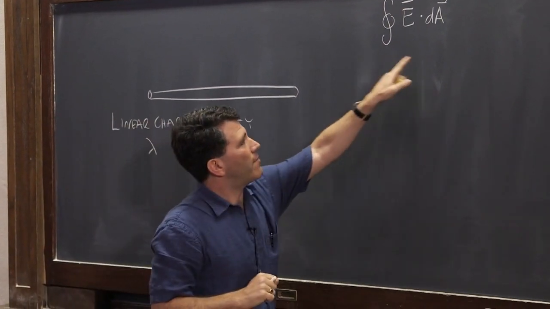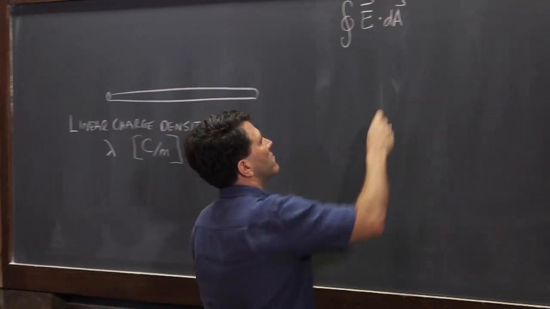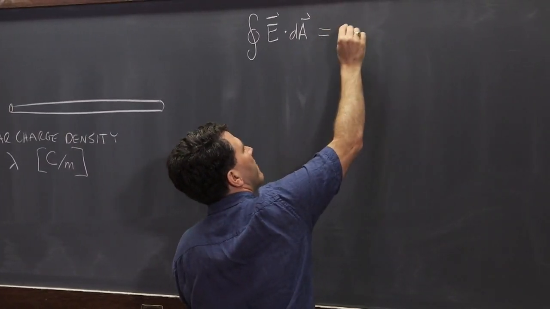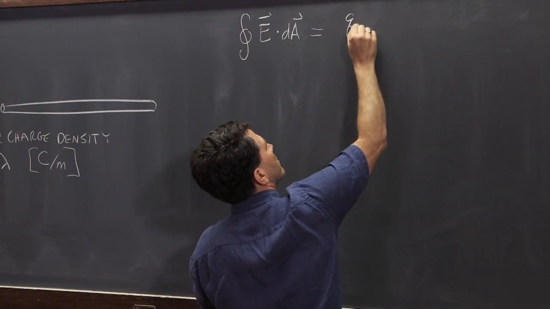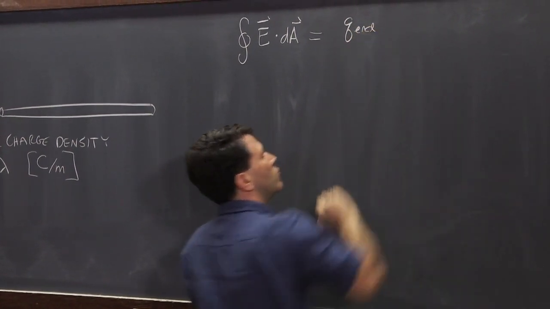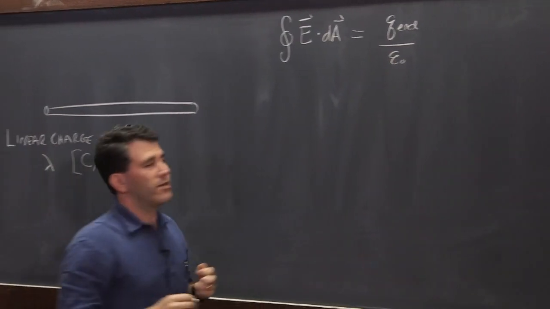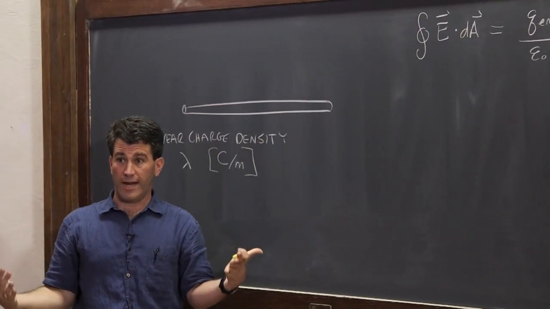And if I'm able to do this integral, what Gauss's law says is that I do this integral over the whole closed surface, and this ends up equaling the enclosed charge, and to get the units right, in SI units, it's the enclosed charge divided by epsilon naught.